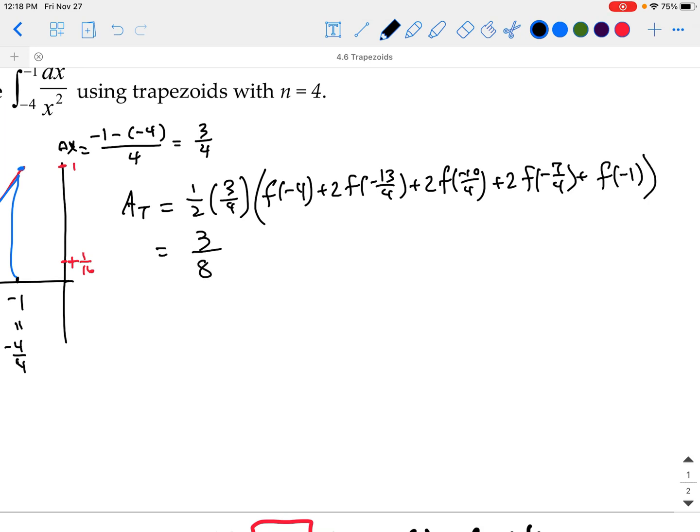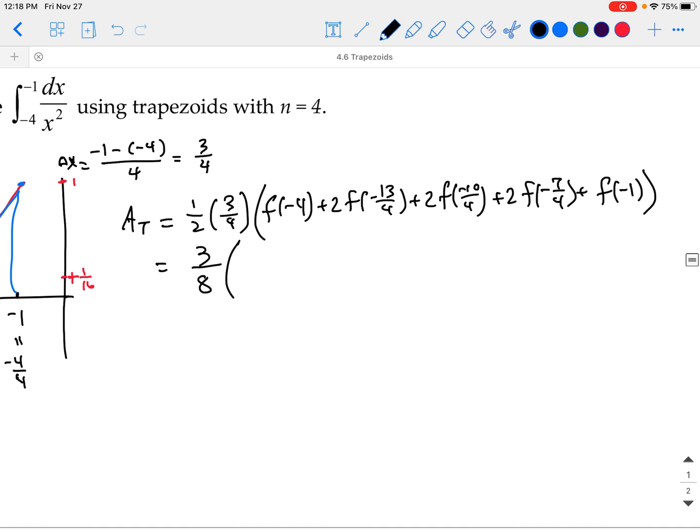So it looks like we're going to get 3 over 8 times, and then our function is 1 over x squared. So we'll get 1 over 16 plus, this is going to be 2 times 1 over 13 over 4 squared. So we're going to get 32 over 169.